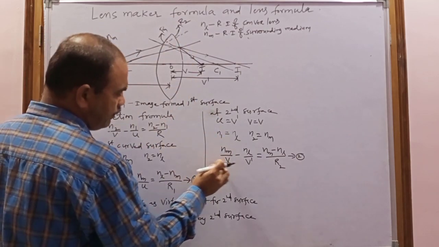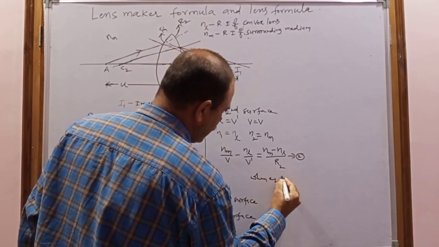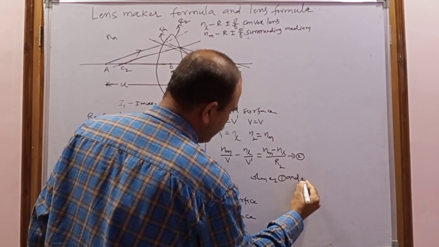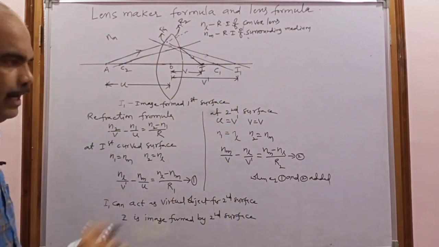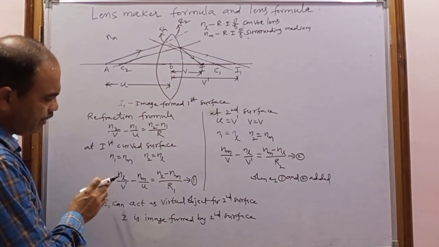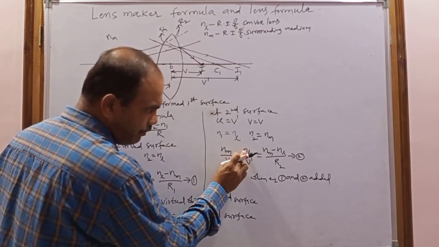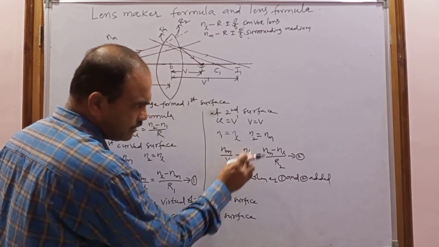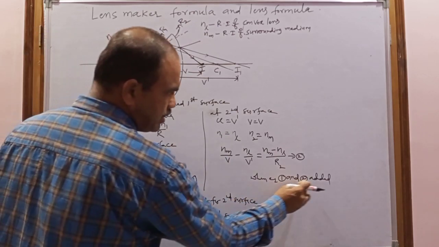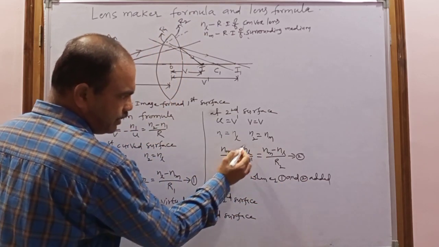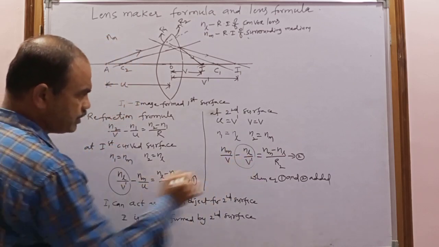When equations 1 and 2 are added, what cancels here? The plus Nl by V dash and the minus Nl by V dash, these two terms are cancelled.